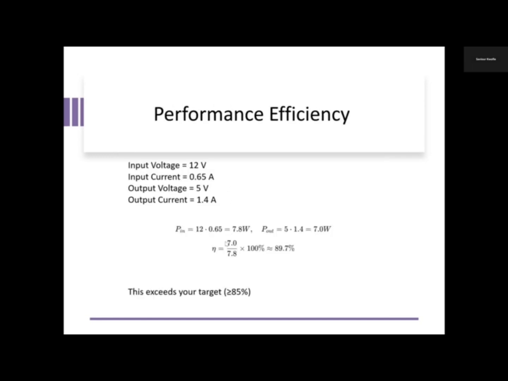In terms of performance, the converter delivers 5 volts at 1.4 amps output from 12 volts at 0.65 amps input, achieving nearly 89.7% efficiency. This achieves our target of above 85%.